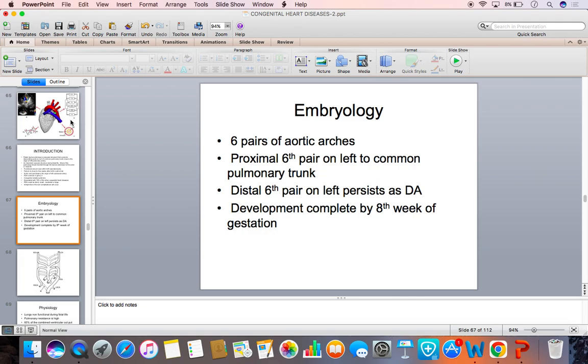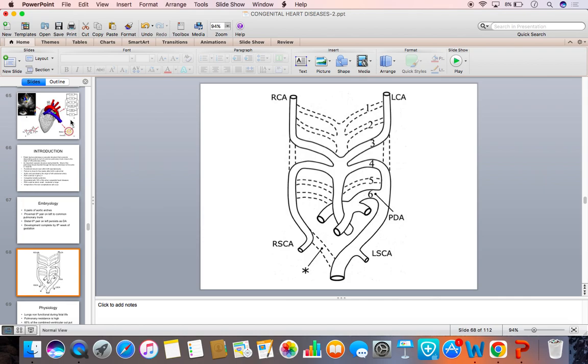Well, coming to the embryology, there are 6 pairs of aortic arches, proximal 6th pair on the left side to common pulmonary trunk, and distal 6th pair on the left side persists as ductus arteriosus, and the development in the fetal life is complete by 8th week of gestation. This is the diagram of the development of ductus arteriosus.